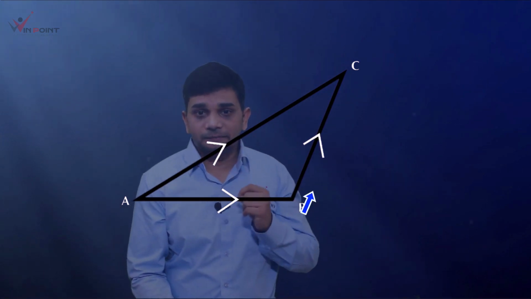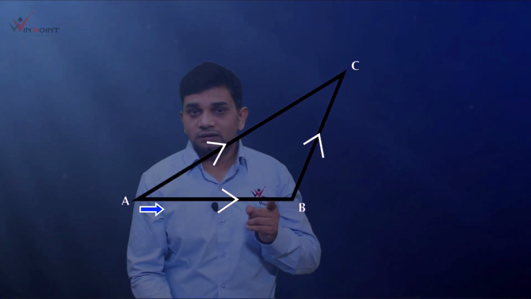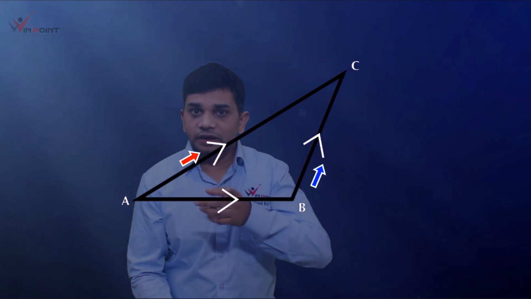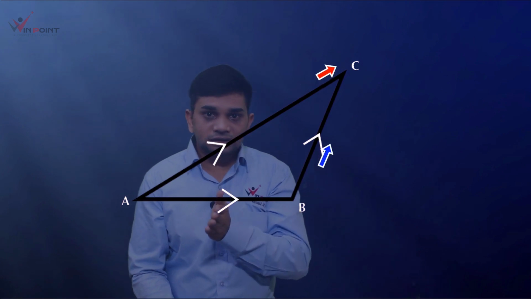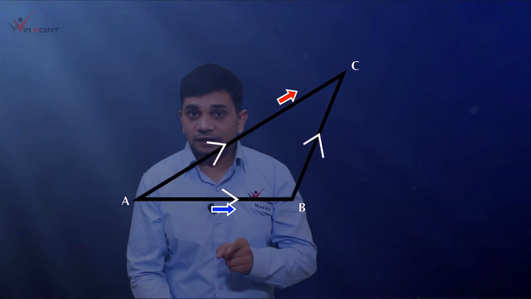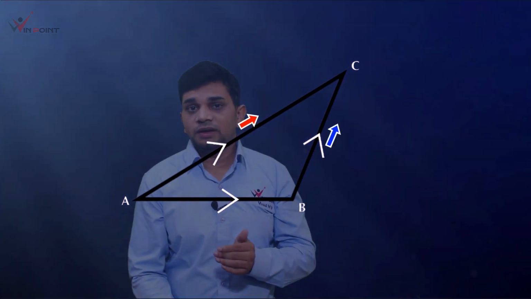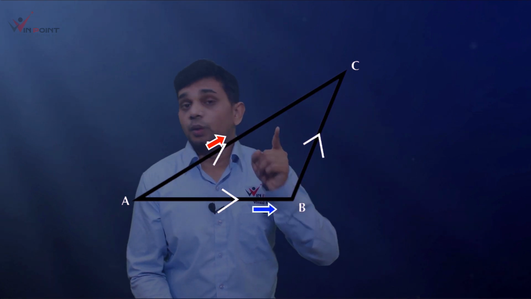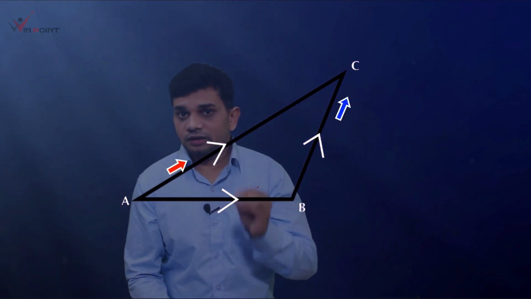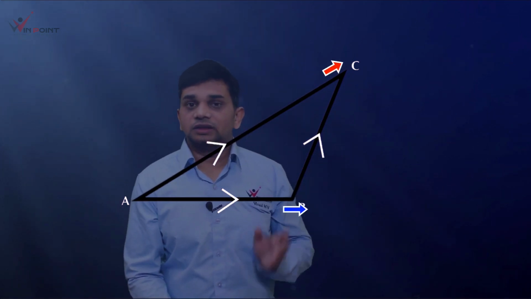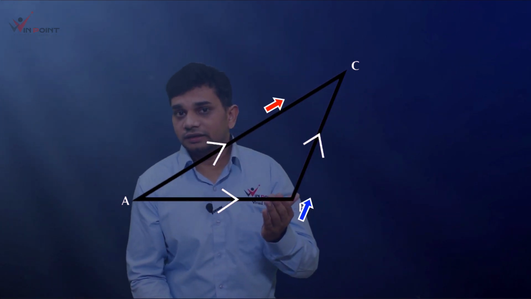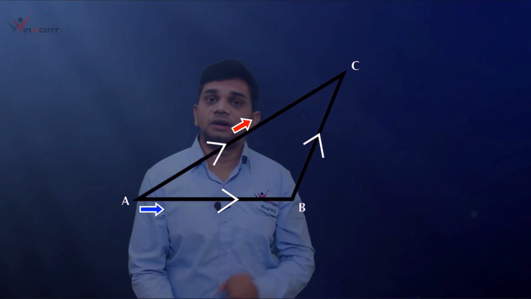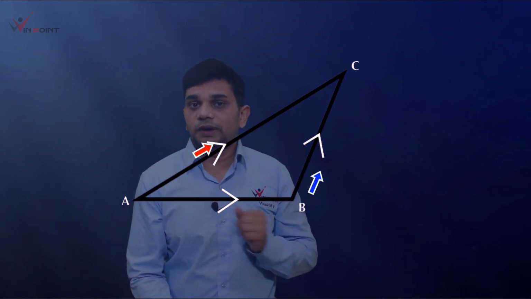The third side of the same triangle, AC, is in the opposite direction. If we consider two vectors as the sides of a triangle in the same direction, the third side in the opposite direction will be the resultant of the two vectors.